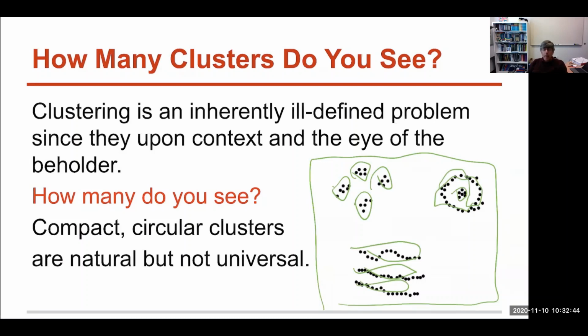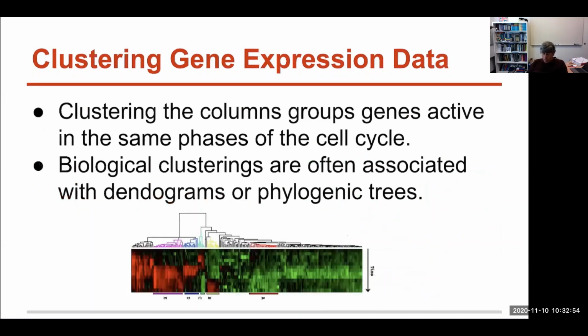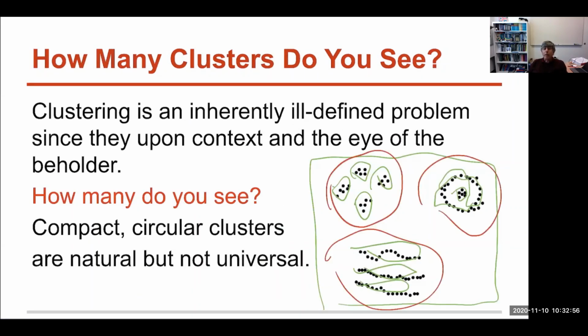Some people may see three. If you see three, you probably saw these ones. Six, I'm not quite sure where six came from. Different people, again, I'm not doubting that it's six. Clustering is an ill-defined problem. That's what I want to make clear from this.